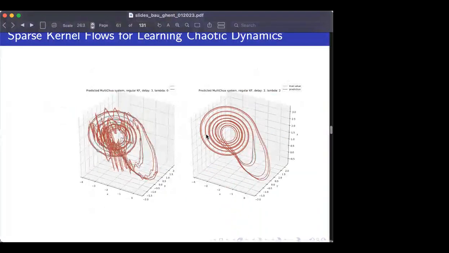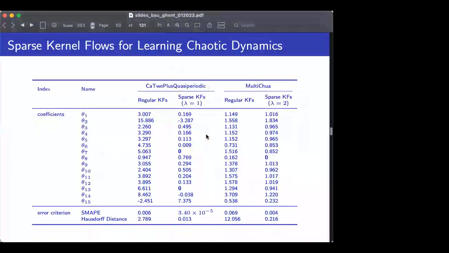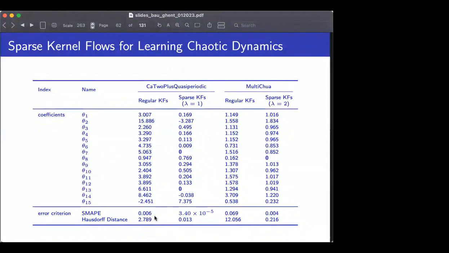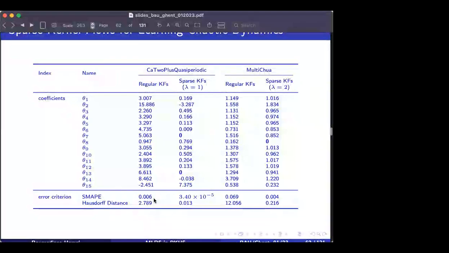This is, for example, the error with regular kernel flows versus sparse kernel flows. And the Hausdorff distance between the approximation and the true attractor is 278 versus sparse. Same thing for the other example, and we see that it's decreasing.